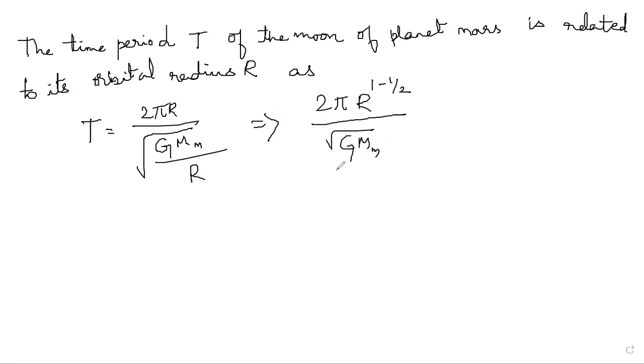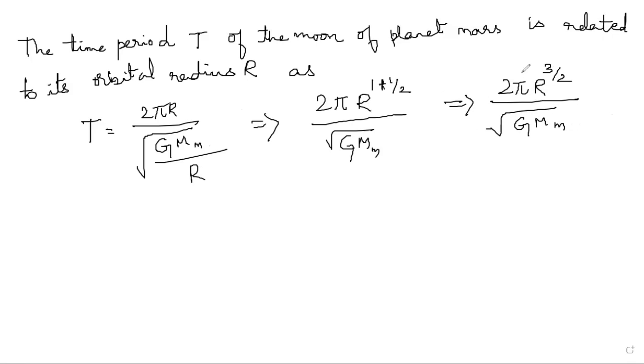Okay, fine. See, we have done one small mistake. It is plus, because root is already in the denominator, so moving it up will multiply. So I can write this as 2 pi R to the power 3 by 2 divided by root of GM.